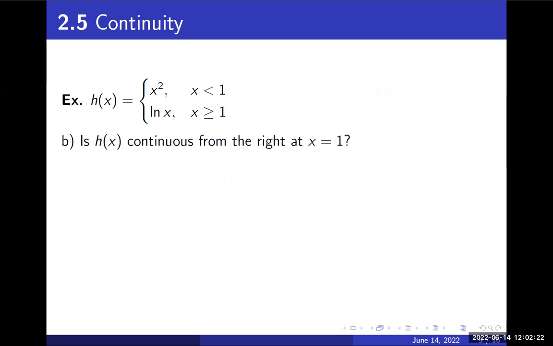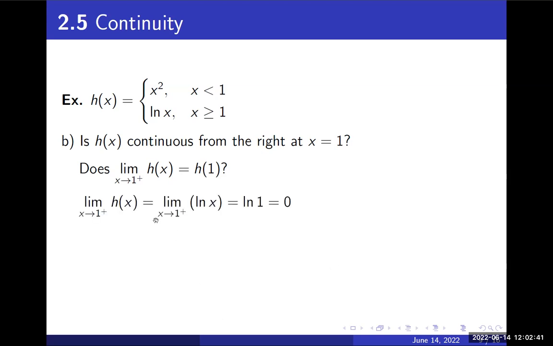How about the same piecewise function, but now continuous from the right at x equals 1? The question is, is the right-sided limit as we approach 1 equal to h of 1? We look at the limit first. Turns out we're approaching 1 from the right side, so we need to use the natural log of x.